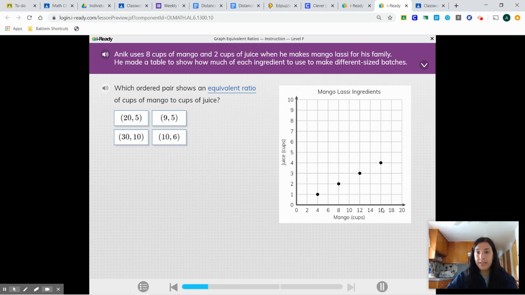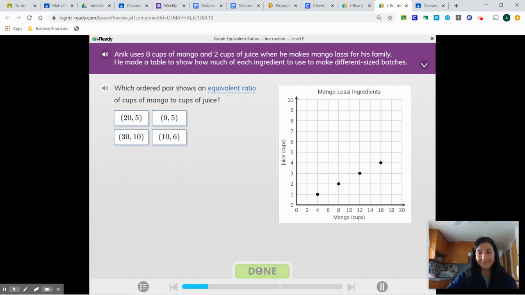We would see that we're going to increase the mango cups by 4, and we would increase our juice cups by 1. So we would have the ordered pair right here, 20, 5. And we know that if we did 5 divided by 20, it would give us that fraction 1/4 or 0.25.